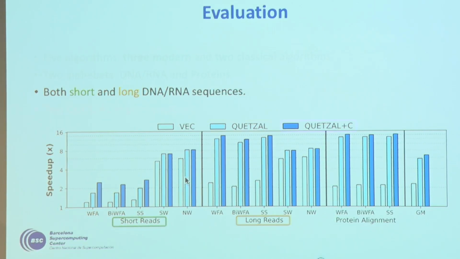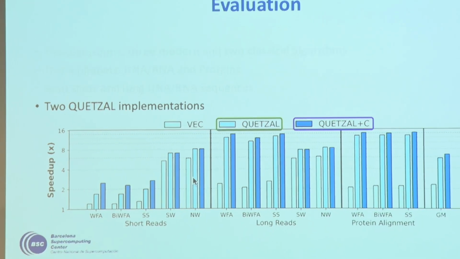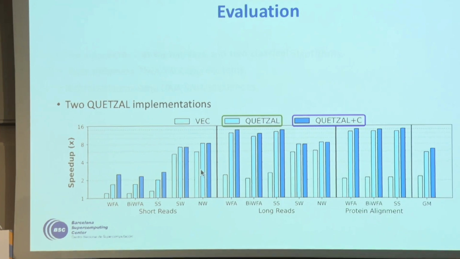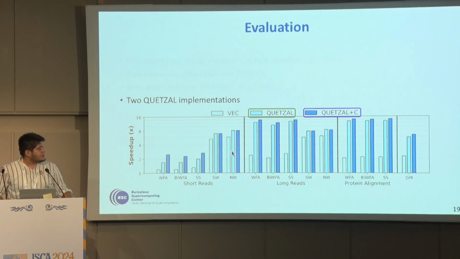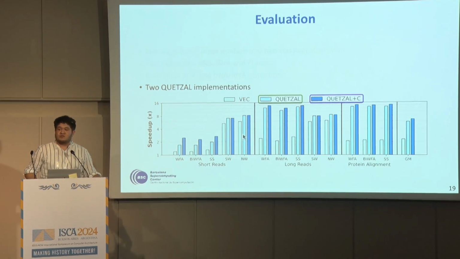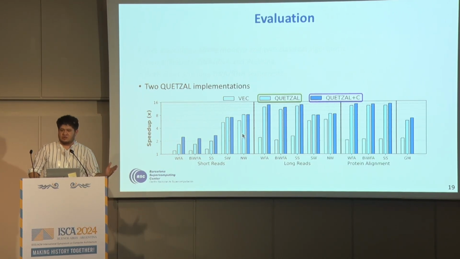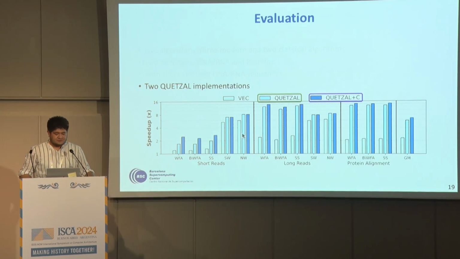And finally, we evaluate 2 different QUETZAL implementations, one featuring only the buffers, and another which includes buffers plus the count ALU. Based on the requirements of your application, if you do not need the count ALU, you can apply clock gating to reduce the energy overhead of this hardware.